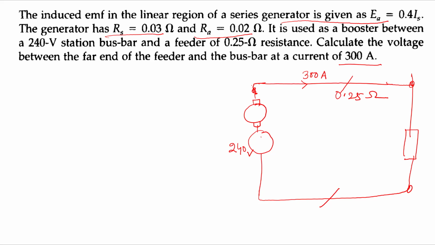So series resistance is 0.03 ohm and RA is 0.02 ohm. And the feeder resistance is given here. Calculate the voltage between the far end of the feeder. That means, what will be the voltage here? The current is 300 ampere, right?